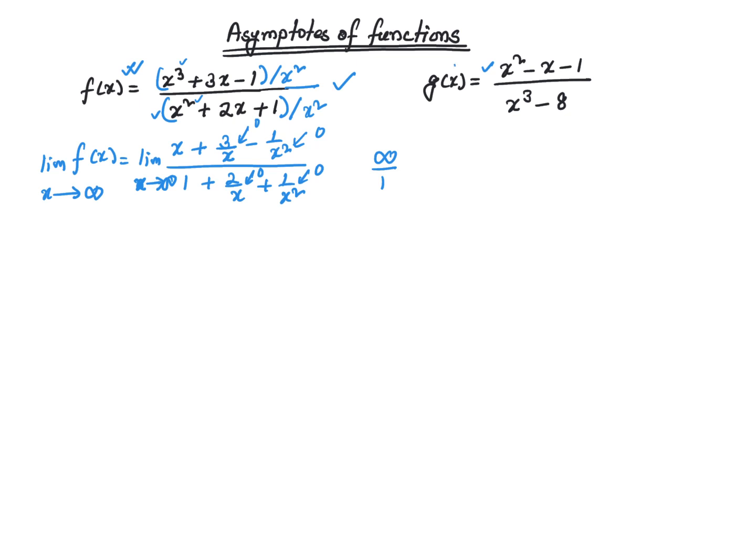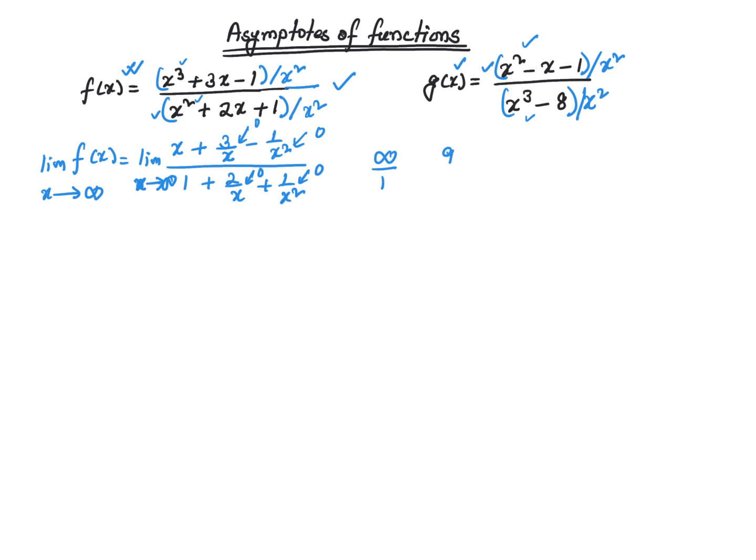How about this function, g of x? We are going to do the same kind of thing. Divide the numerator by x squared, divide the denominator by x squared. Now look, here the highest power of x in the numerator is 2, the highest power of x in the denominator is 3. So I took the lower of the 2 and divided both numerator and the denominator by that number, which is x squared in this case.